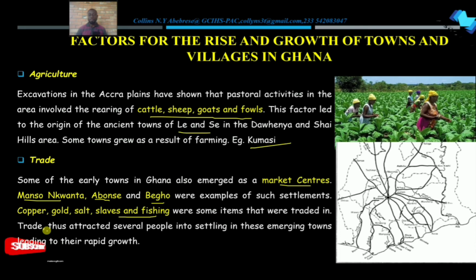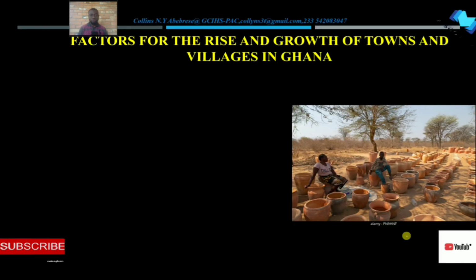People move in there to trade, and that is what we mean by trading. When you look at the map over here, you see that these were the trade routes in Ghana, and all the towns that you see are famous today because they were major trade routes where people moved to trade. Good. I hope you have caught that.